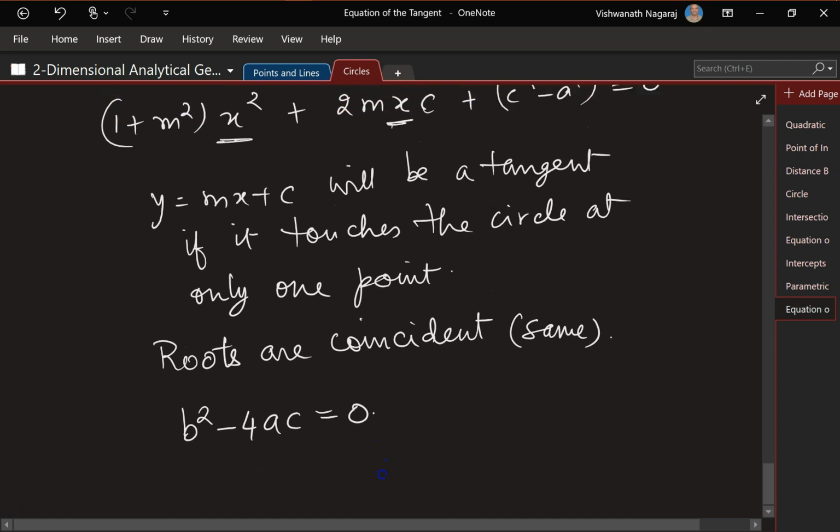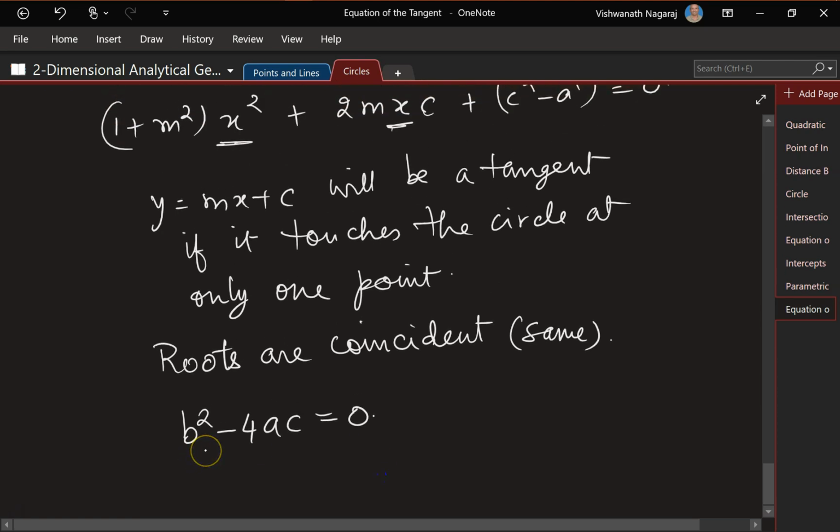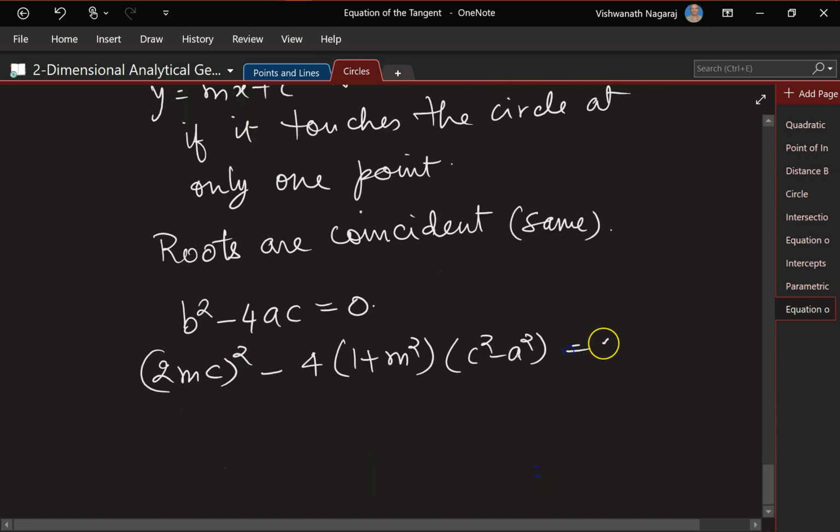So let's see. B is 2mc. So 2mc square minus 4. A is 1 plus m square. And c is c square minus a square equal to 0.